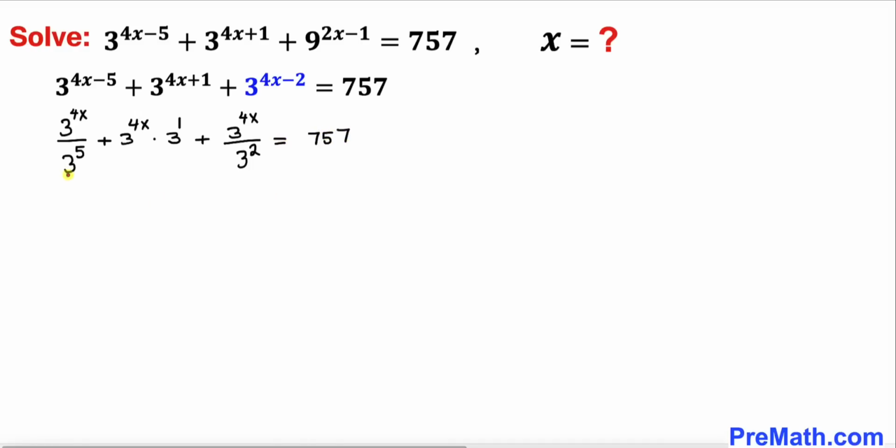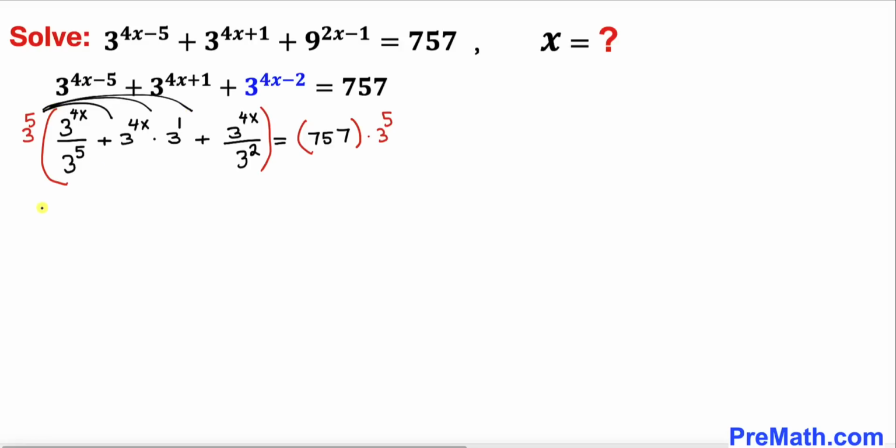Now let's go ahead and remove these fractions by multiplying both sides by 3 power 5 on this left hand side, and likewise I'm going to multiply this 757 by 3 power 5 as well. Now let's go ahead and distribute this one all the way.